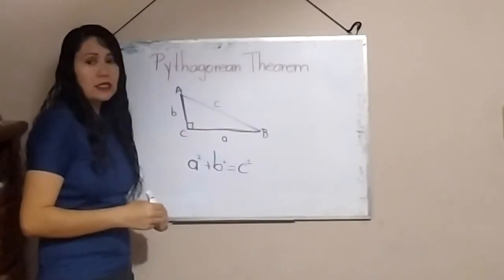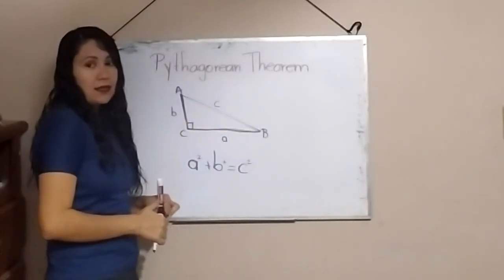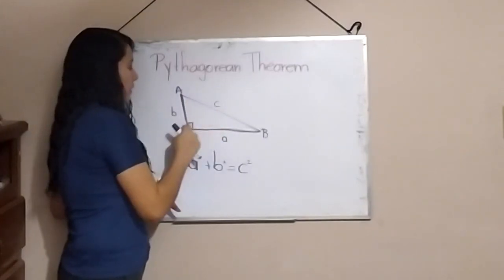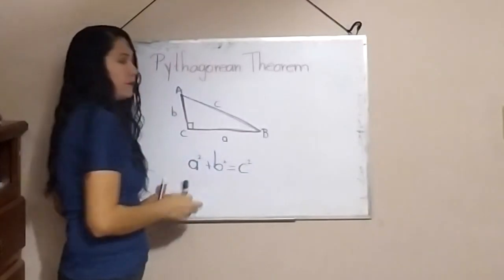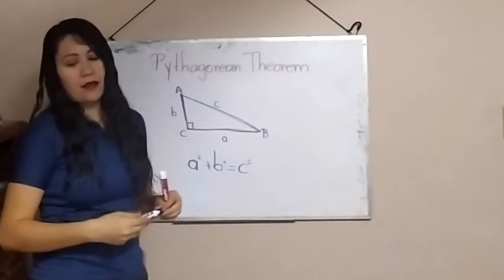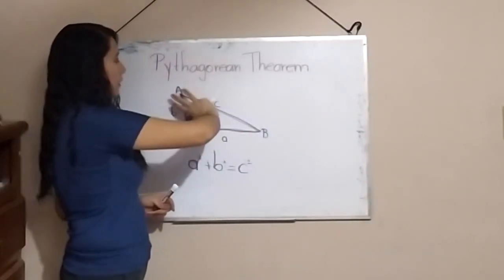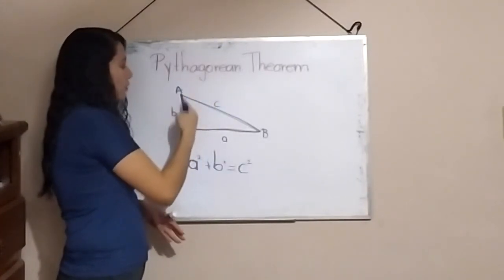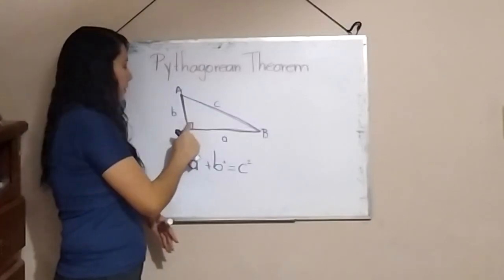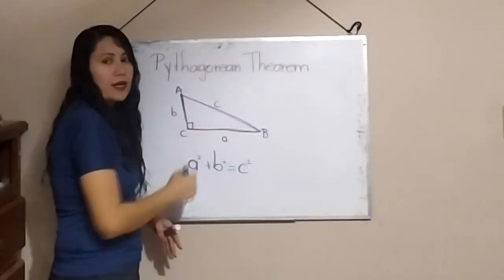The hypotenuse is the side that is opposite the right angle. Okay? It doesn't matter if we have the triangle turned to any side, the legs are always going to be the ones that are connected to the right angle.